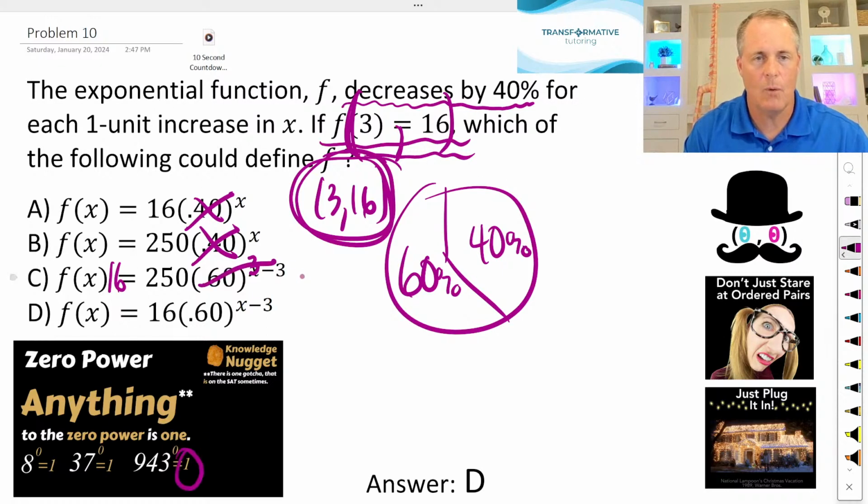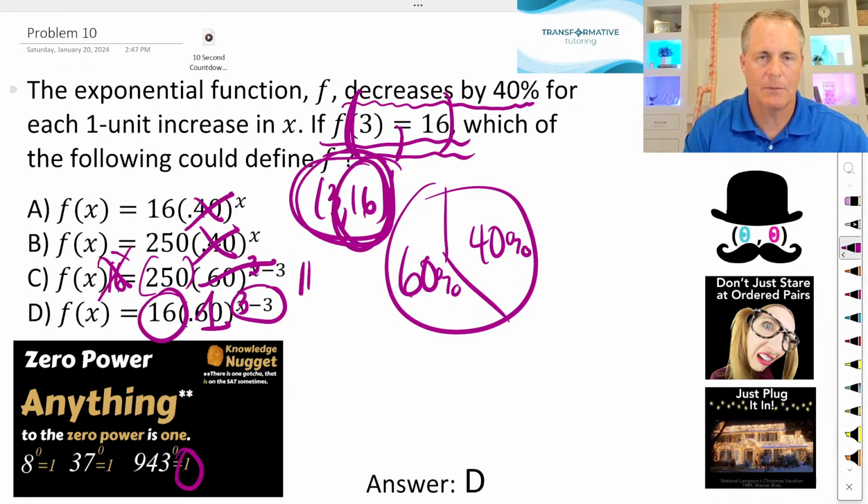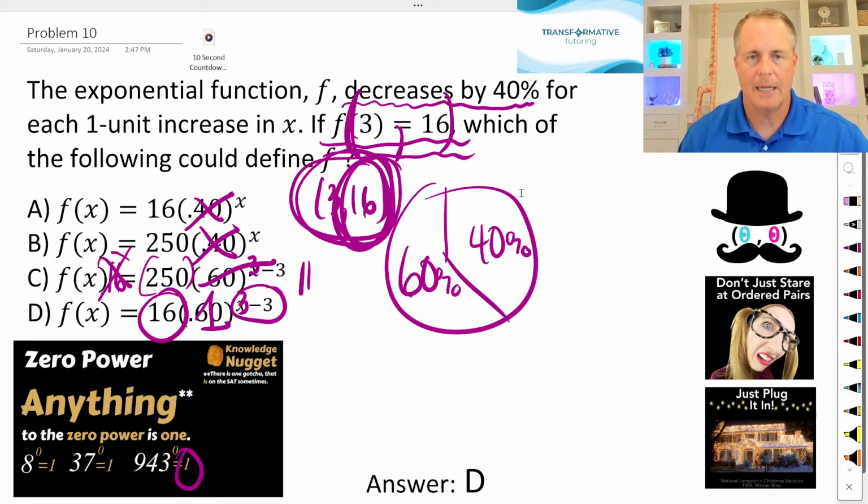So this would become 1, and we'd have 250 times 1, which is definitely not 16. But I hope you can see here, when you put the 3 in, that's 0. Anything to the 0 power is 1, and we get 16. And that's what the ordered pair was telling us. When we put in 3, we're supposed to get 16. Okay, a lot of these different questions are all written in very similar ways on the test, and they show up in all sorts of different topics. So be ready for those ordered pairs in disguise.